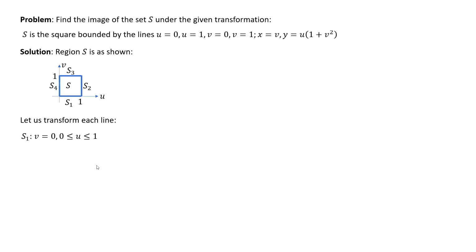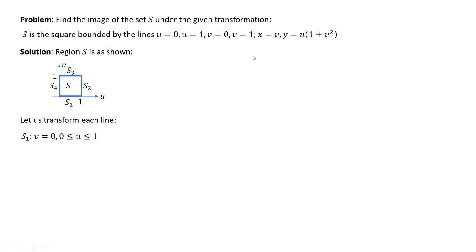S1 is given by V equals 0. Would you agree? The vertical dimension is 0 for this one, and it's bounded by u being between 0 and 1. That's what defines the line segment S1. Cool. Now, how does it transform to XY?